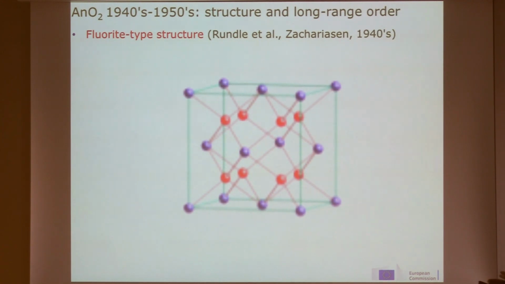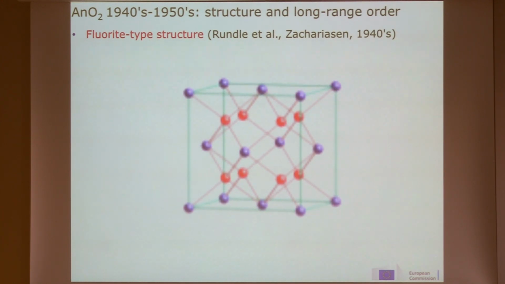The systems were first studied during the Manhattan Project. In the 40s, between 42 and 45, Randall and Zachariasen had already determined the crystallographic structure of this compound, which is just the fluorite.